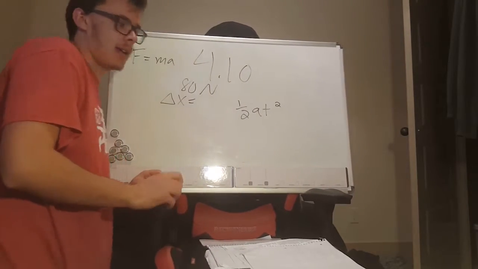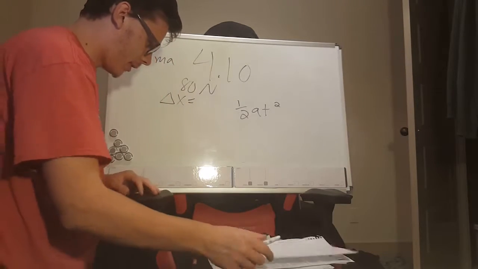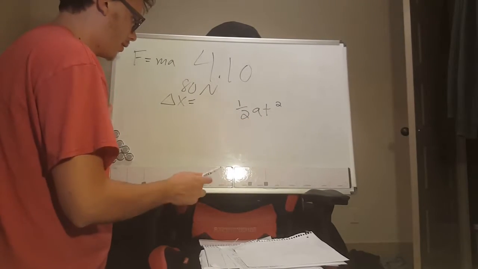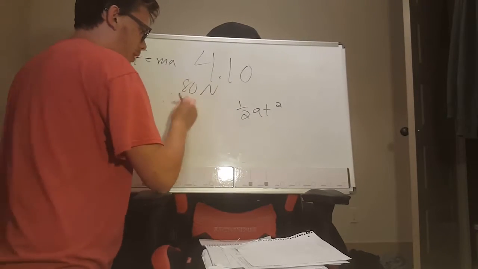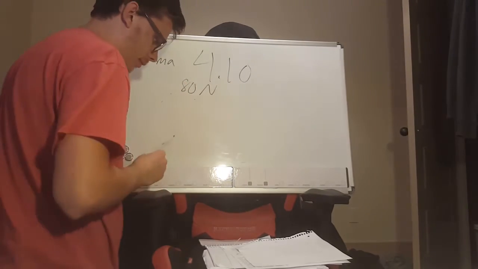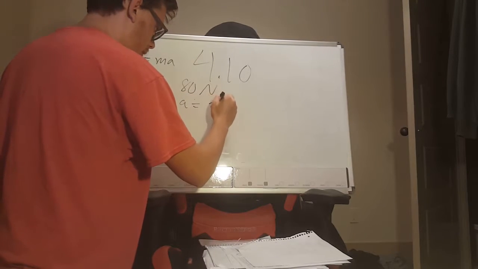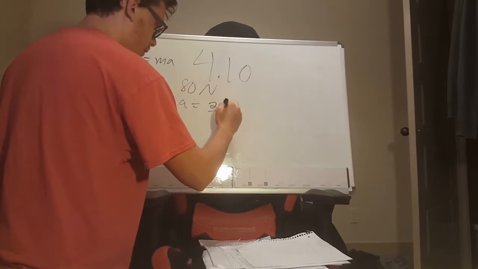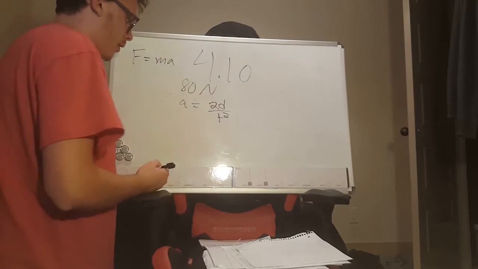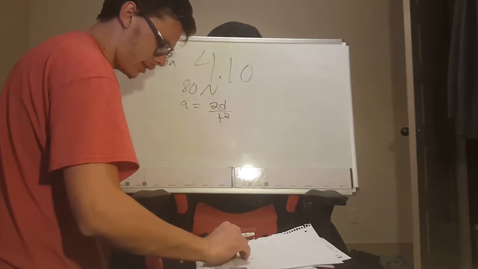So what we're going to do is rewrite this equation so that we solve for a, which would be a equals 2d over t squared.